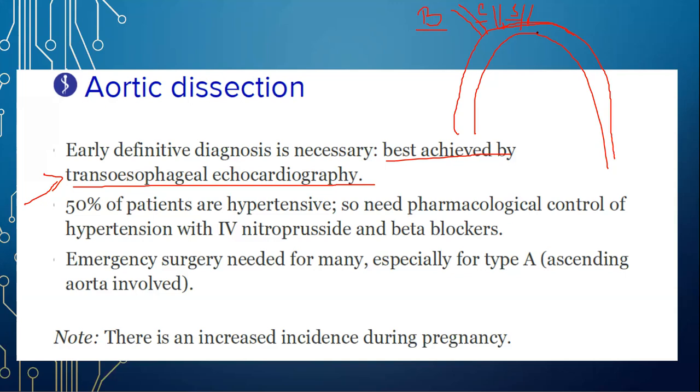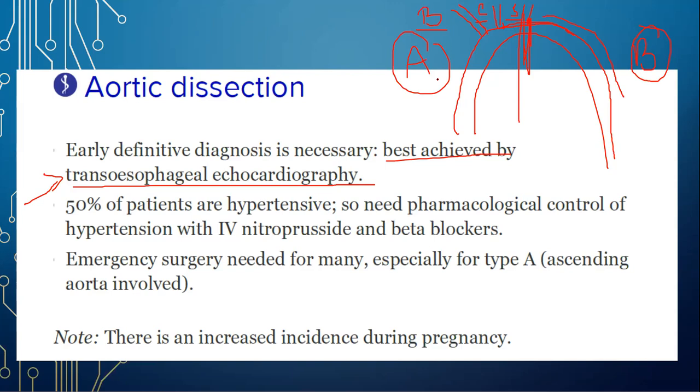Now, aortic dissection is mainly divided into two subtypes, type A and type B. If you divide the aorta based on the subclavian artery, then any dissection distal to the subclavian artery will be type B. Proximal to the subclavian artery, that is type A. Type A dissection has the highest mortality rate.